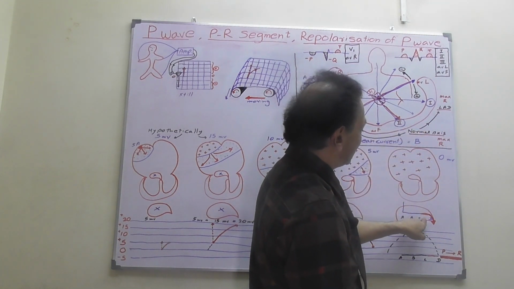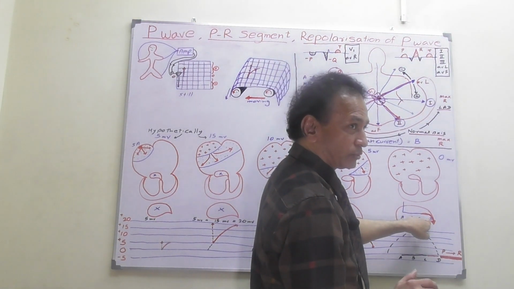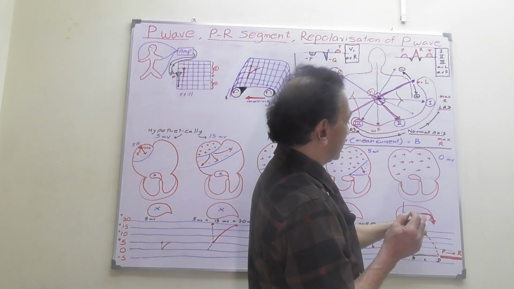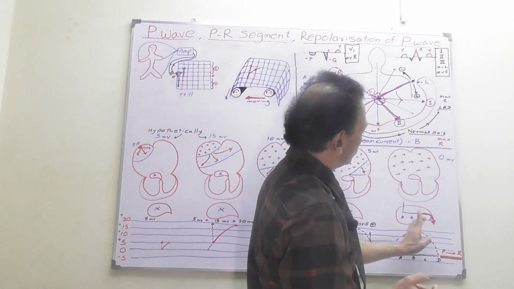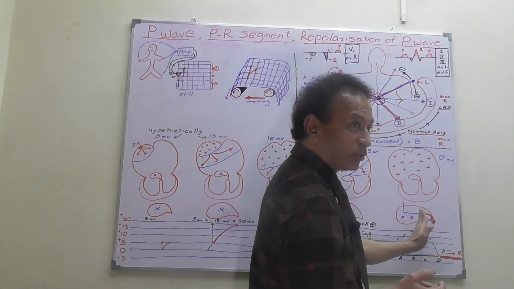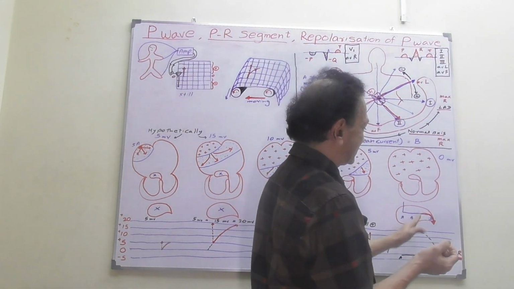So actually in the ECG, this movement of the current should show. But as I have told you, the AV node is a very small area, and up to this part, around 70% of the node is contracted already. Only 20 to 30% is left behind.